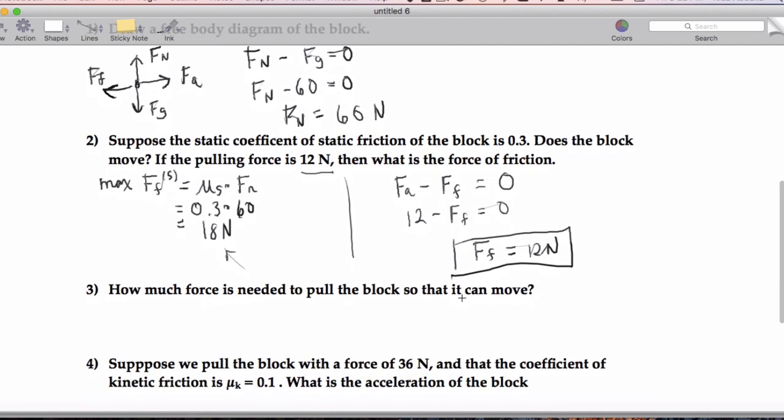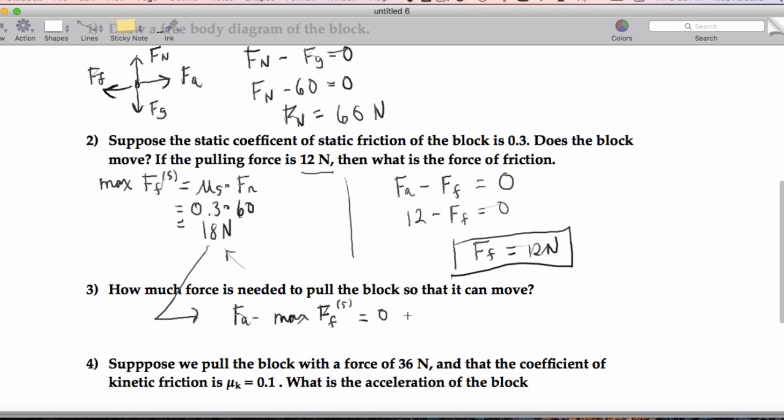Now it says how much force is needed to pull the block so it can move. Let's go ahead and calculate that. The applied force wants to balance the maximum friction force.